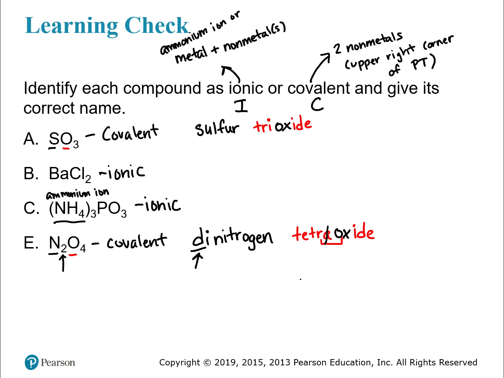So we get rid of the A. Again, small detail. I wouldn't even worry about putting it into your brain. As long as you recognize you need tetra, then you'll be able to get the right answer. So let me know how we're doing with naming covalent compounds. Does it make sense?